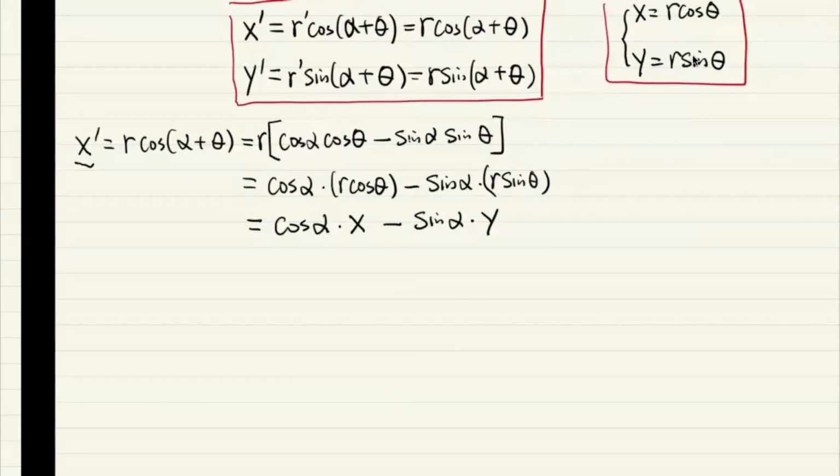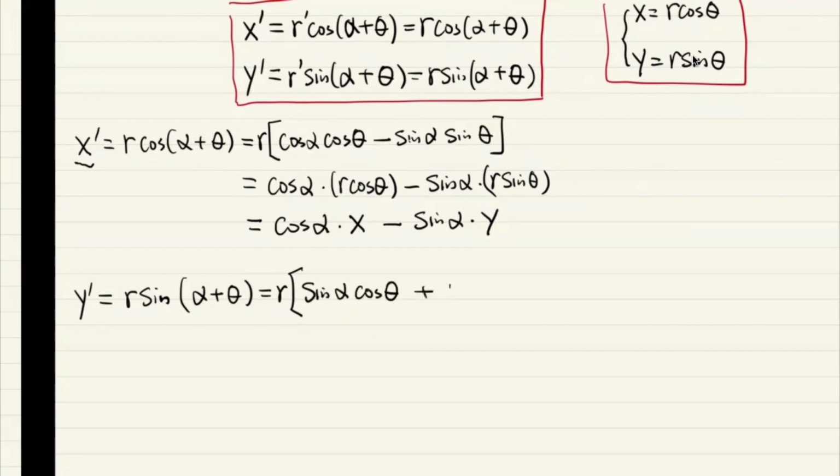So now we're going to do the same thing for y prime. We start from y prime equals r sine of alpha plus theta, and then we use the sum identity of sine functions. Then we can write sine alpha cosine theta plus cosine alpha times sine theta.